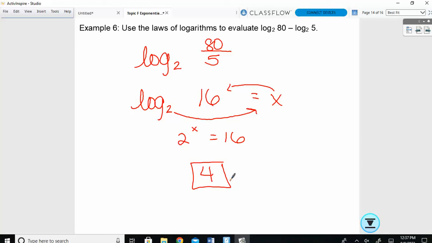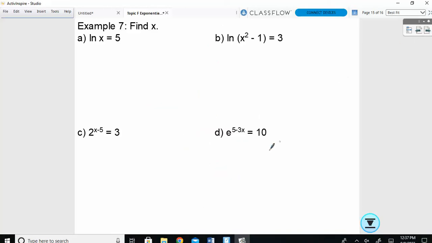Alright. So far, so good? Let's practice evaluating some logs. Natural log of x equals 5. What would we do?